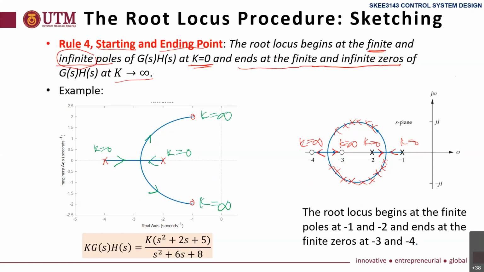So root locus is actually showing the closed loop poles when k changes from 0 to infinity. So we can see what happens to the system poles when we change k. You can see they change. Sometimes the system becomes unstable when we increase the value of k.